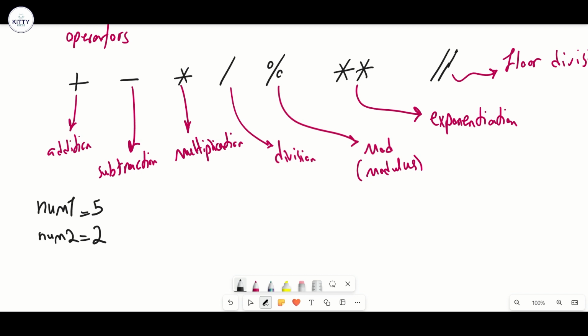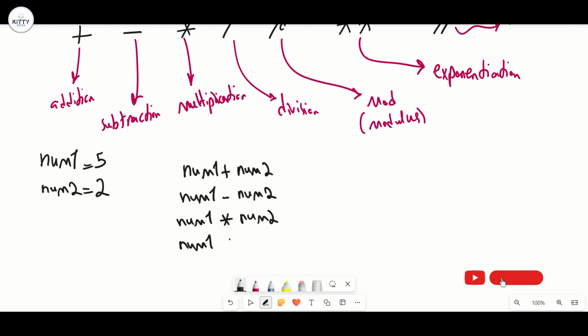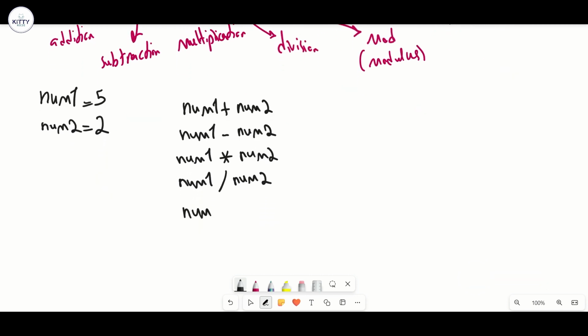So we have two variables, num1, num2. num1 plus num2, num1 minus num2, num1 times num2, num1 divided by num2, num1 mod num2, num1 exponentiation operator num2, and the last one, num1 floor division num2.